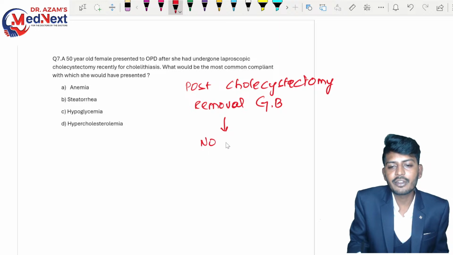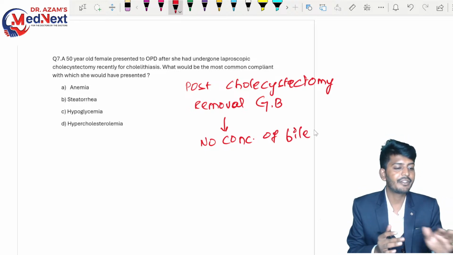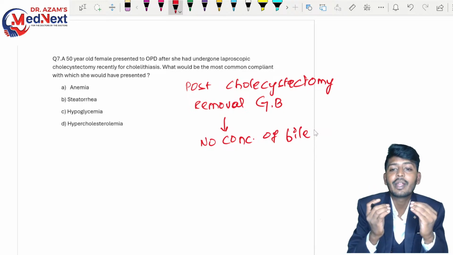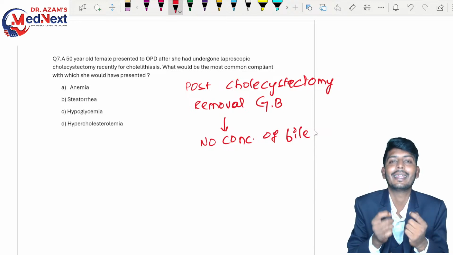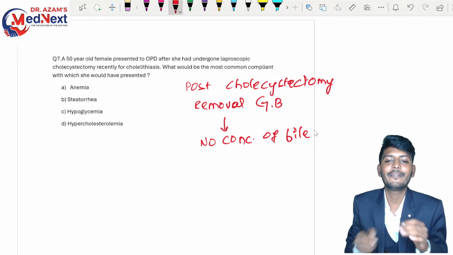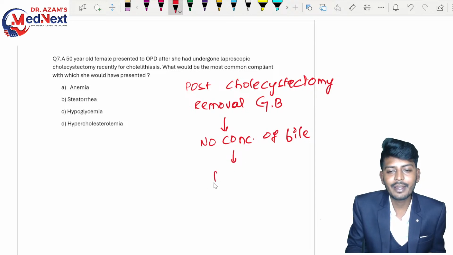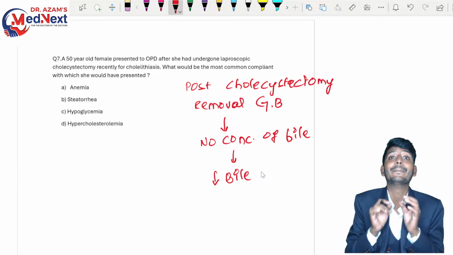No concentration of bile. So if there is no concentration of bile, what is the function of bile, children? Tell me. Very good. The function of bile, not bell, bile. Okay, bell is different, bile is different. So, automatically what will happen? There is a lack of bile which is coming into the intestine. Bile, B-I-L-E.